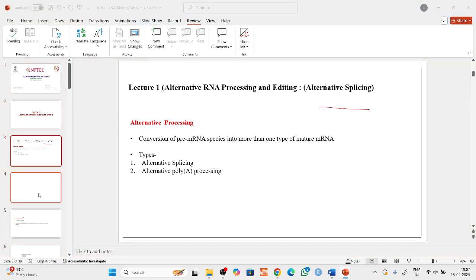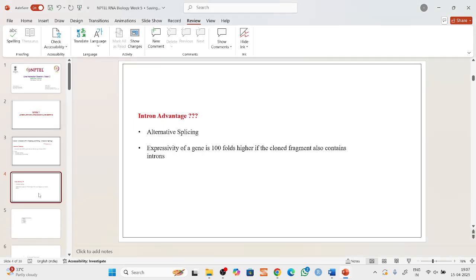If your pre-mRNA is processed in more than one way, it can lead to formation of more than one kind of mature mRNA, correct? So this is what alternative processing is about.